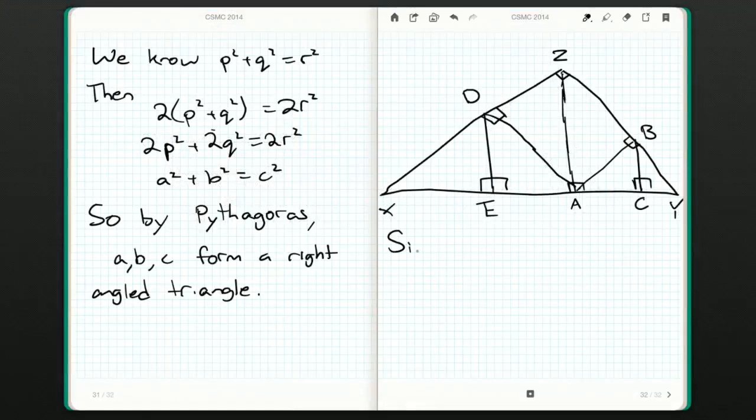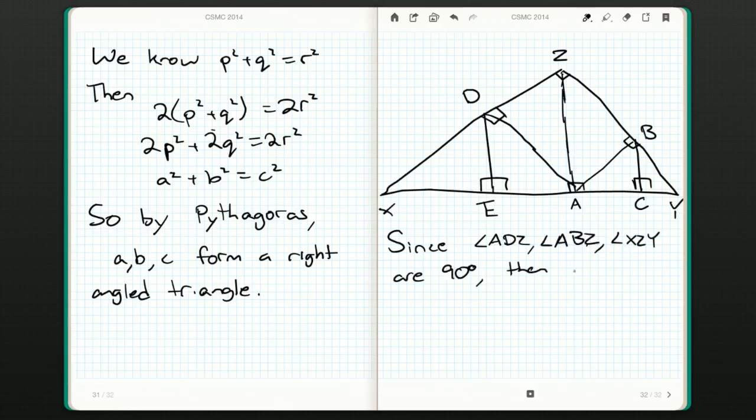So since angle ADZ, angle ABZ, and angle XZY are right angles, then angle DAB is too, so ABZD is a rectangle.